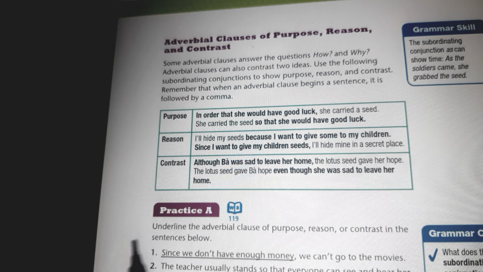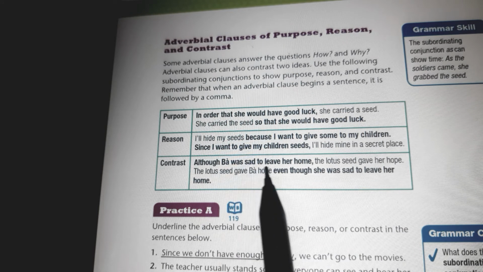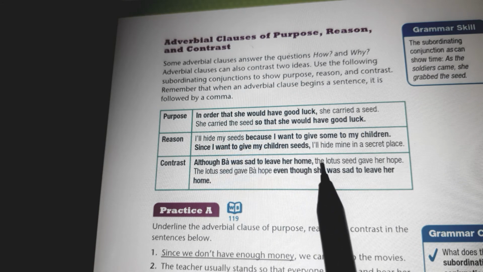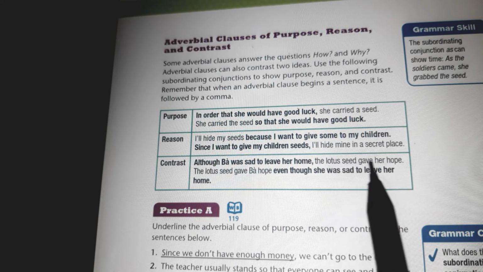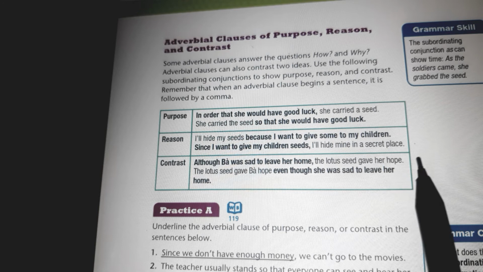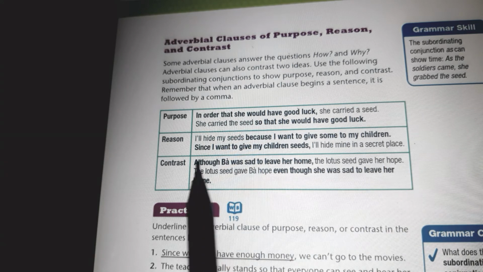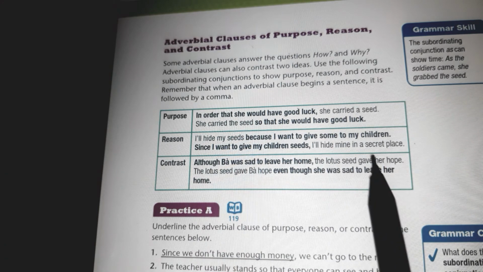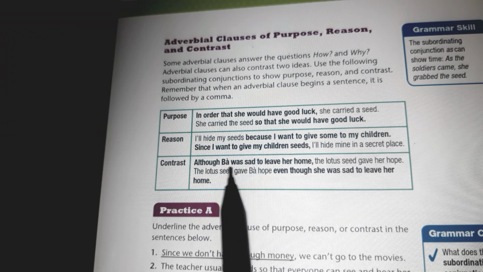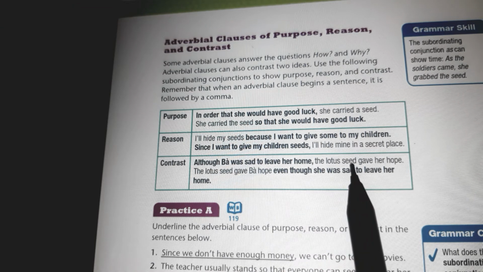Okay, now, Ba was sad to leave home. The other part that is far away from although, the other part of although, is usually the unexpected result. Now, Ba was sad. So what do we expect here?